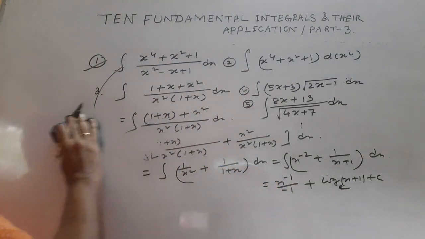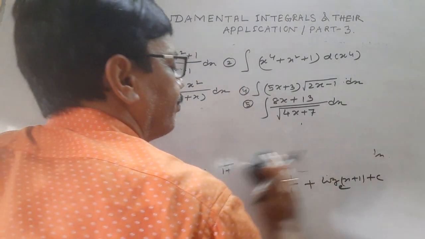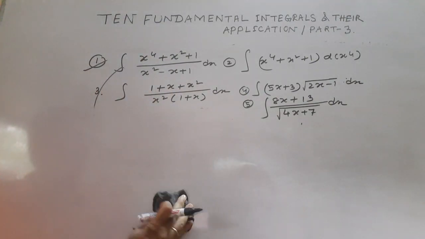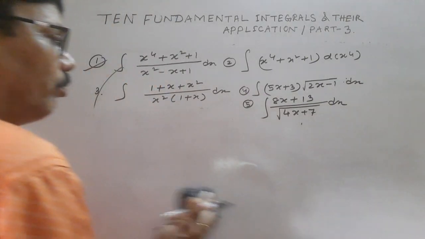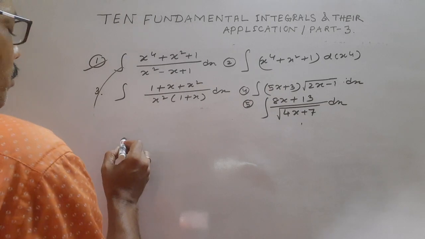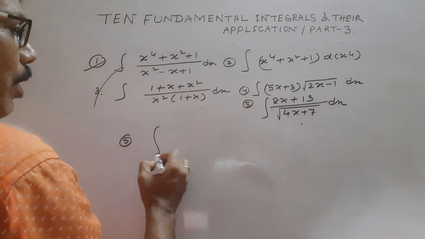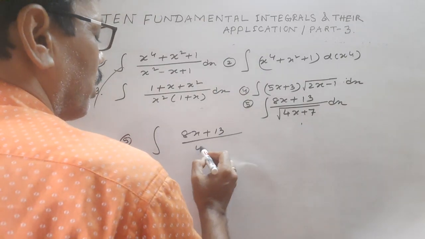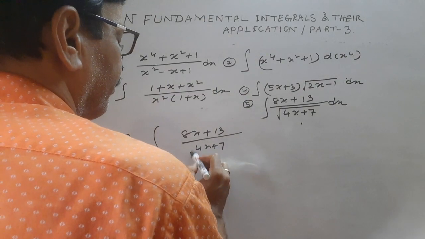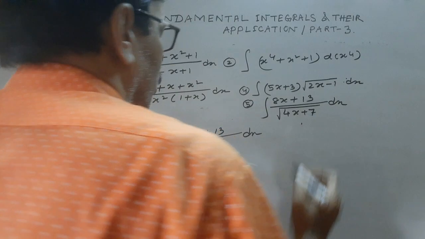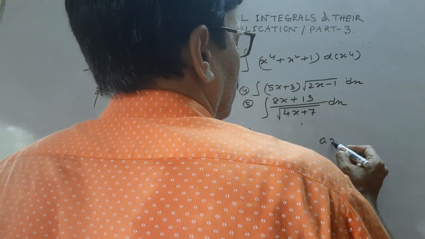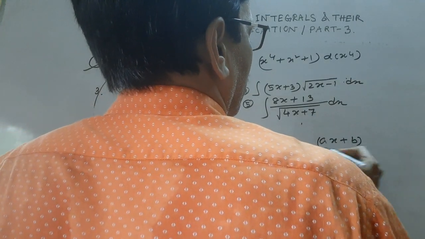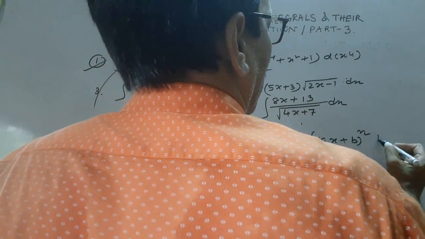Now problem number 4 and 5. They are of the same kind. Suppose problem number 5, 8x plus 13 by root over 4x plus 7. So what is our standard integral?